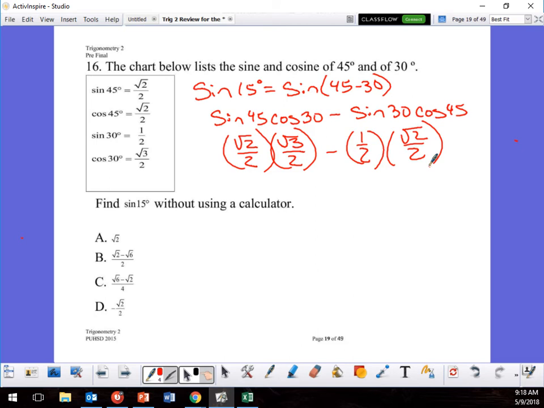Do my multiplication, so over here I come up with rad 6 over 4 minus rad 2 over 4. And the common denominator is 4, right? So it's going to be rad 6 minus rad 2, all over 4. So my answer is C here.